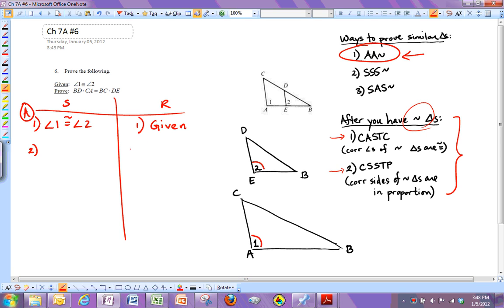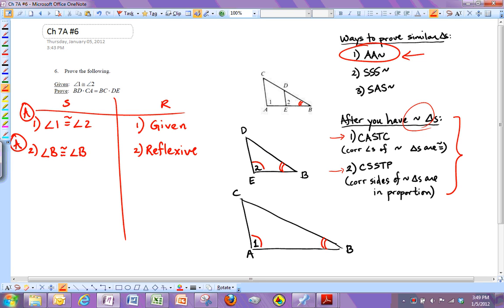So if we keep looking at the picture, if you notice right here, angle B is shared by both triangles because it's right here and it's right here. So I can say angle B is congruent to itself, and that's just reflexive. So here's my second pair of angles now.